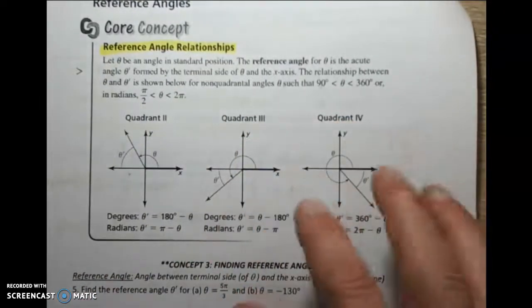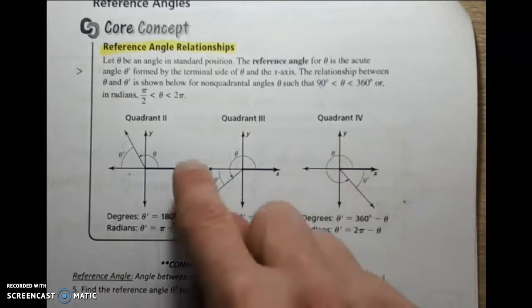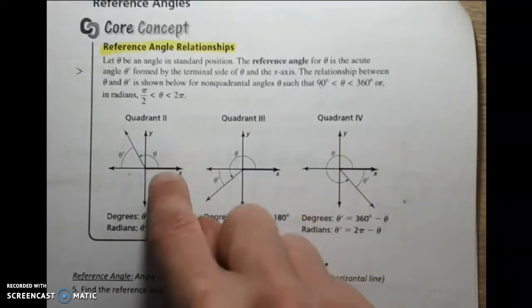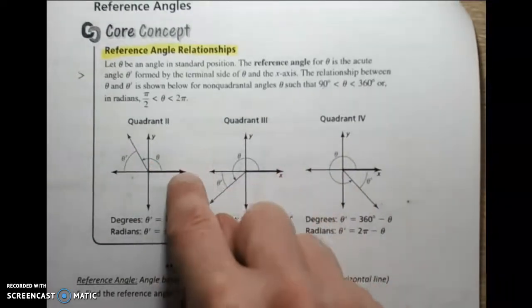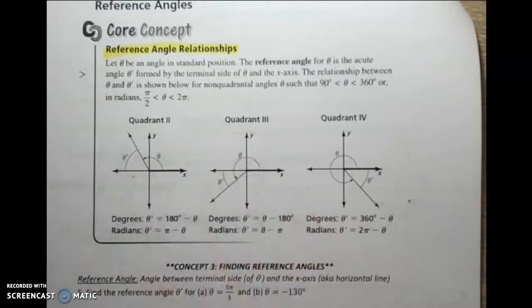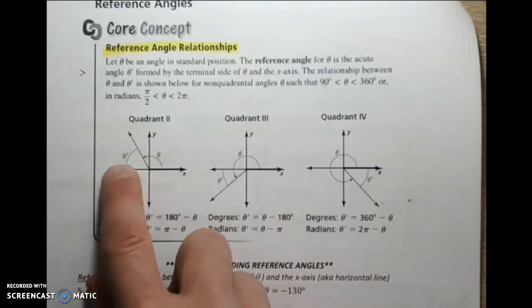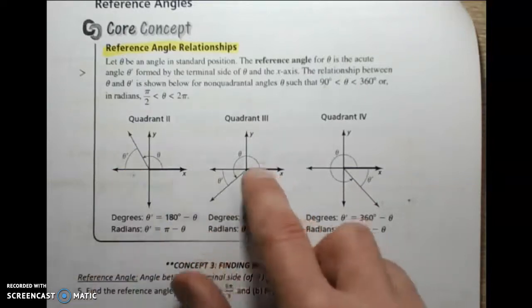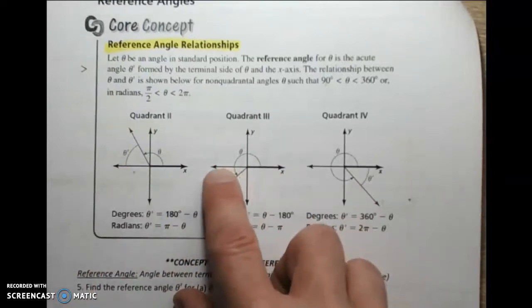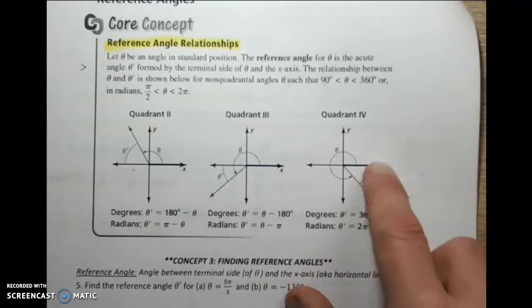Quadrant 1, we don't have to worry about it because the closest thing to your x-axis, if it's in quadrant 1, is that initial angle or radian that's given. But if it gets into quadrant 2, then it would be on the other side of the y-axis, right? So it would be right here. In quadrant 3, it would also be over here, and then quadrant 4 would be on that same terminal side, but underneath it.